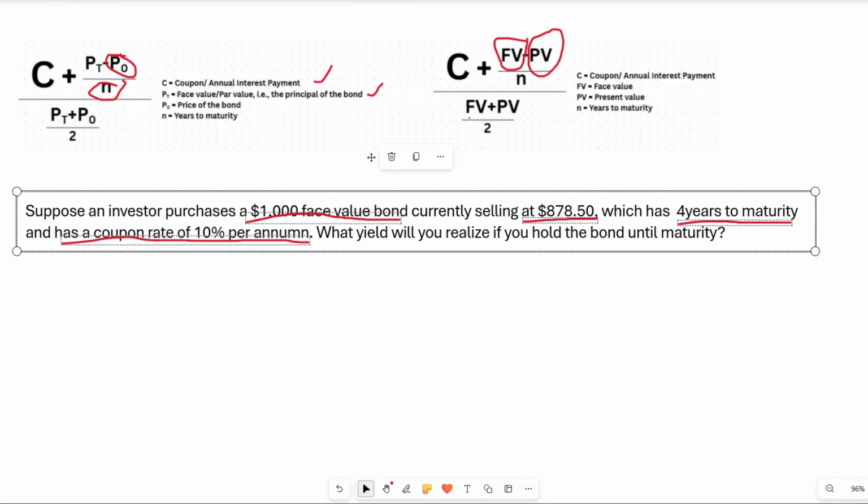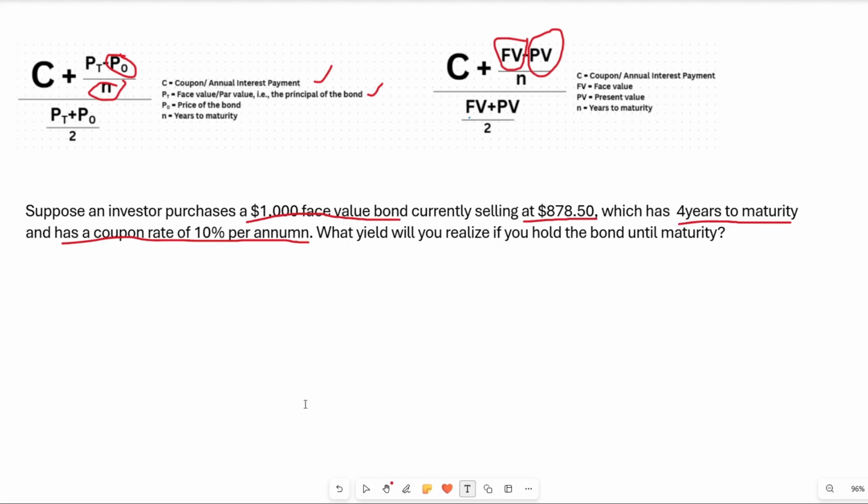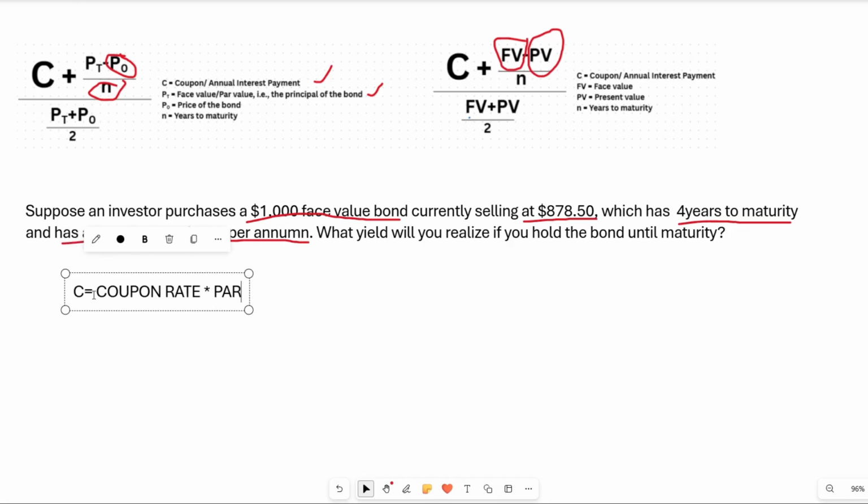So the first thing we need to derive from the question or from the formula given is our C. Our C is our annual interest payment. So how do we get that? Our annual interest payment is going to be our coupon rate multiplied by the par value, the face value of the bond.